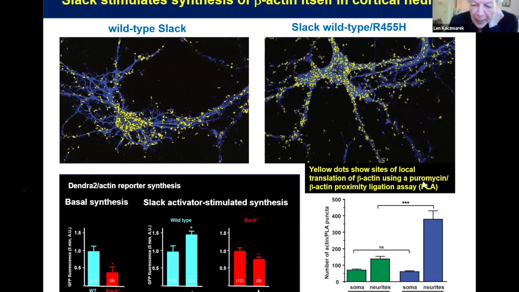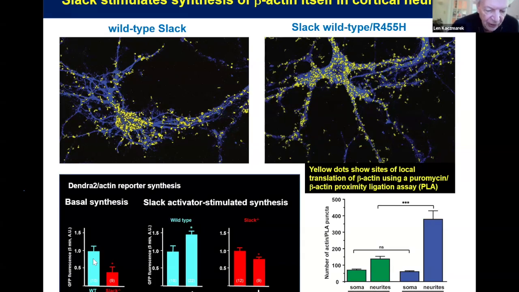But this shows proximity ligation with a compound called puromycin and beta-actin. What basically this is showing us is where new actin is being synthesized. And you can see that it's being synthesized all over the neuron, in the cell body and the dendrites. But if you count how much is being synthesized, there's a massive increase in the rate of synthesis in the mutant animal compared to the wild type.